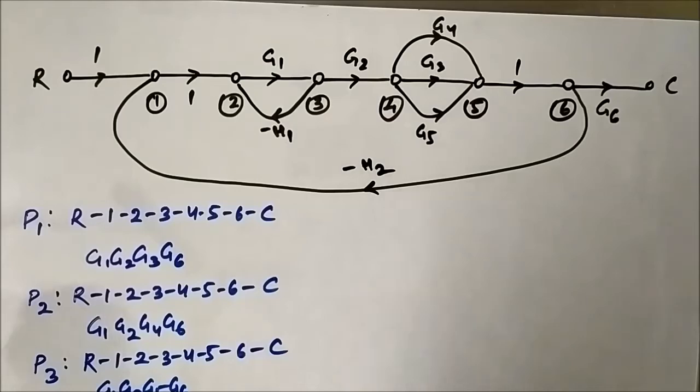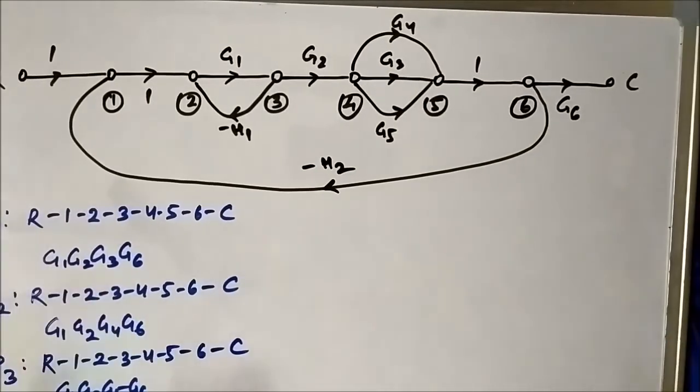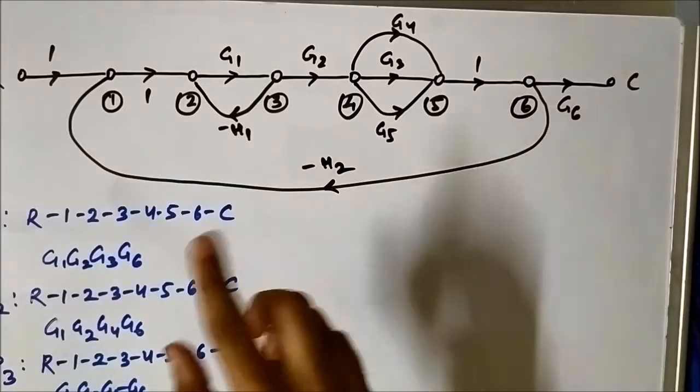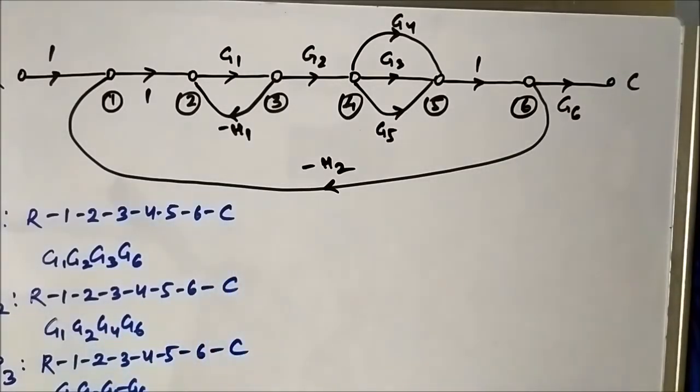Now we have to determine the number of loops. What is a loop? The basic definition of a loop says it is a closed path, that is, a collection of branches which start and terminate at the same node.